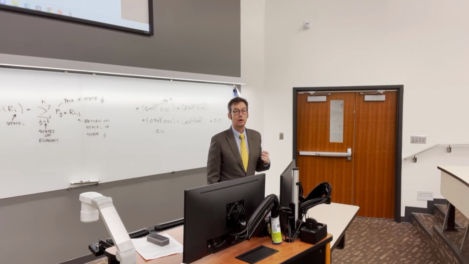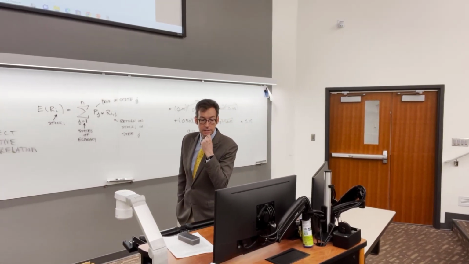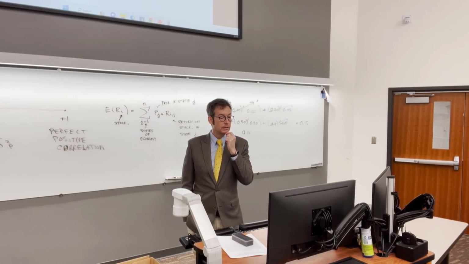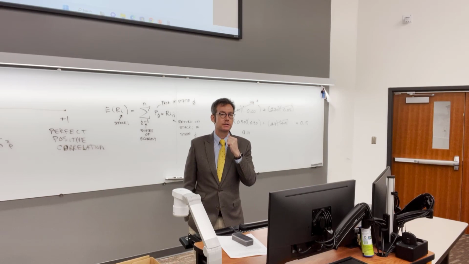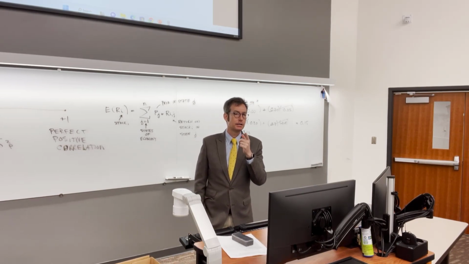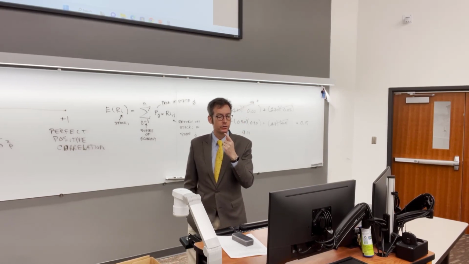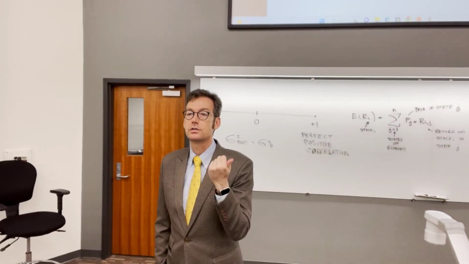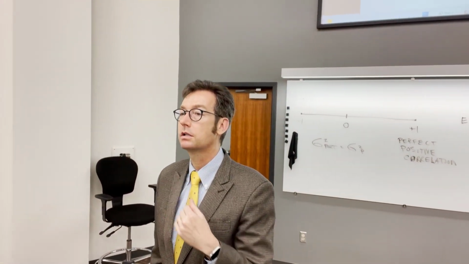Yes? Why do you have to square the weights for the first two terms? When you do 0.6 squared times the variance, why is that number squared? It's a weight. I will look up the derivation of this and send it to you. I will tell you this: the first term has XA squared, the second term has XB squared, and the third term has XA times XB.